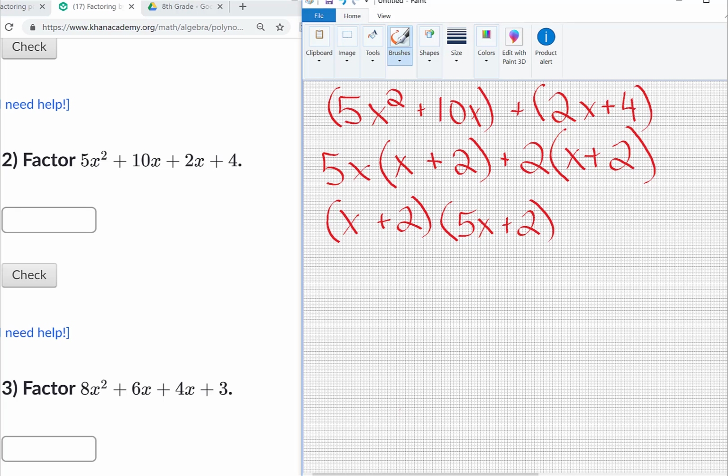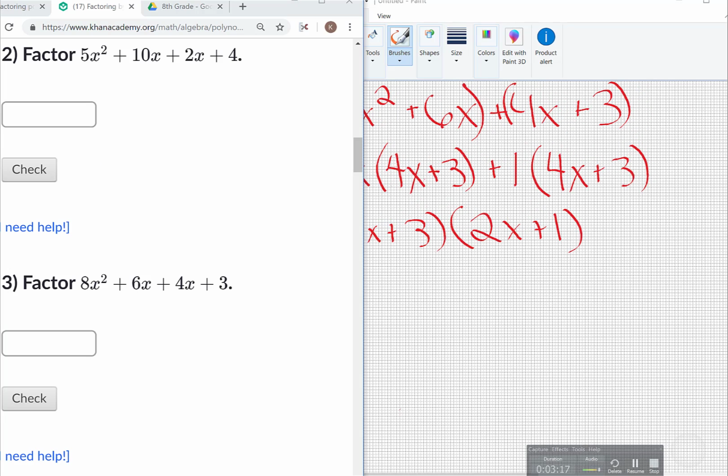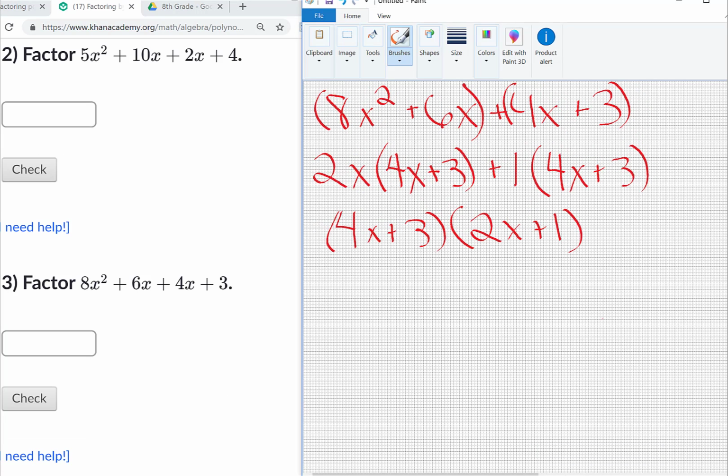So here is the solution and how you work that out. Okay, so go ahead and try to do the third one. Pause the video. So this would be the answer that you should have gotten.